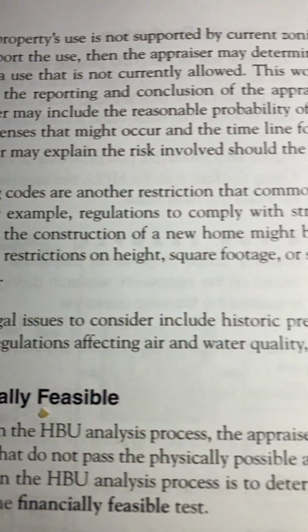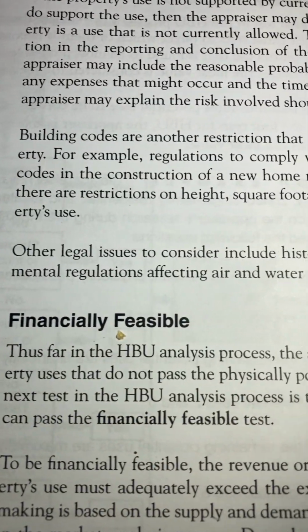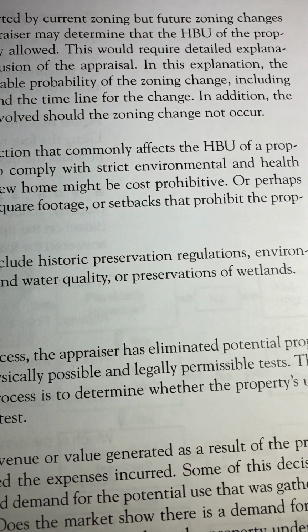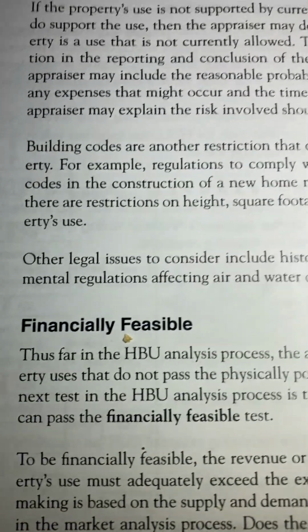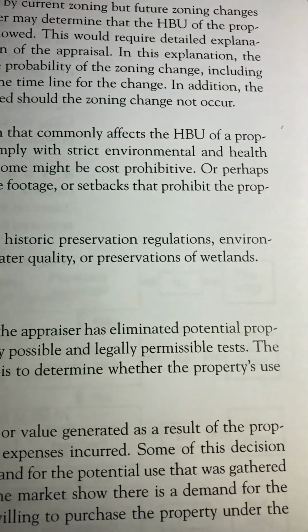Building codes are another restriction that commonly affects the highest and best use of a property. For example, regulations to comply with strict environmental and health codes in the construction of a new home might be cost prohibitive.